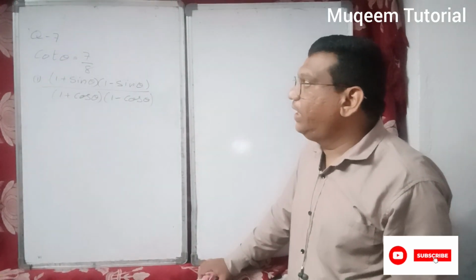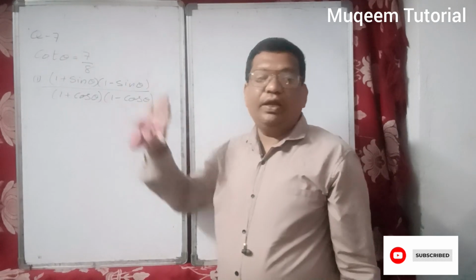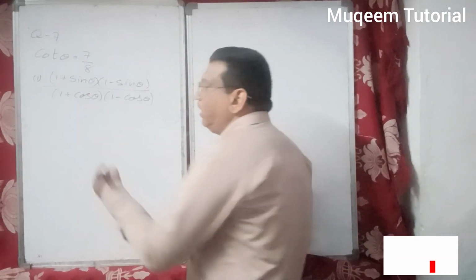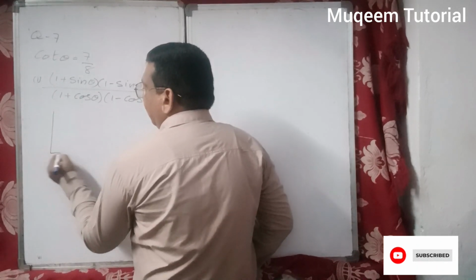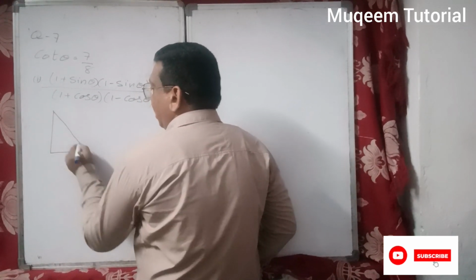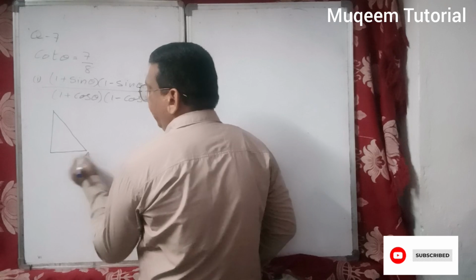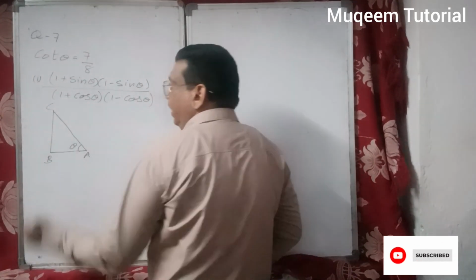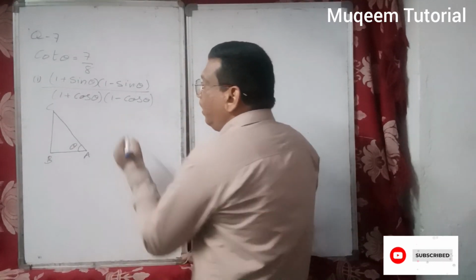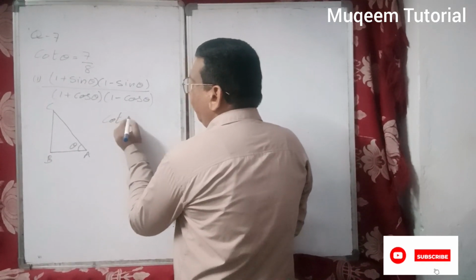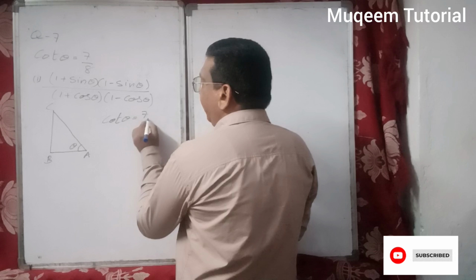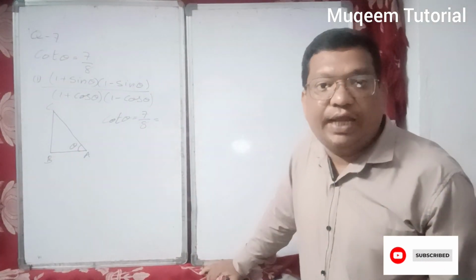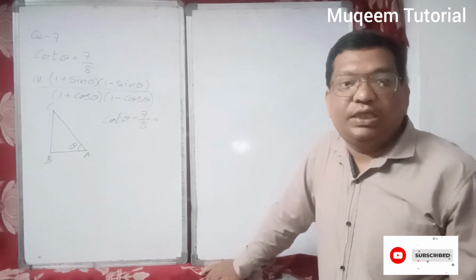Now see, here it is given cot theta is equal to 7 by 8. We already know how to find the sides. For example, this is a right angle triangle ABC. You can give any name, and I am taking this angle A as theta. We know that cot theta is the opposite of tan theta, and tan theta is opposite by adjacent.